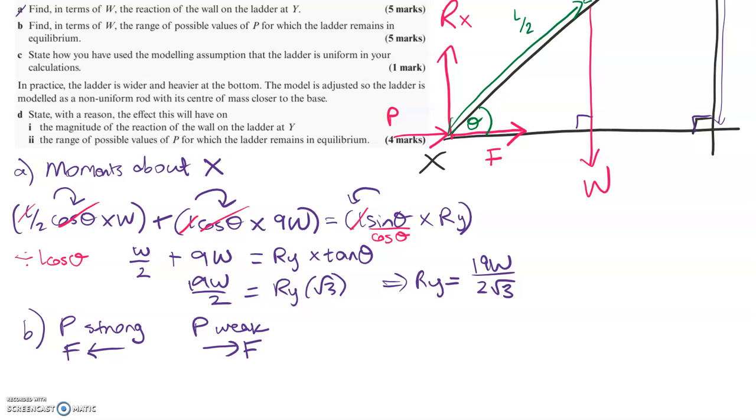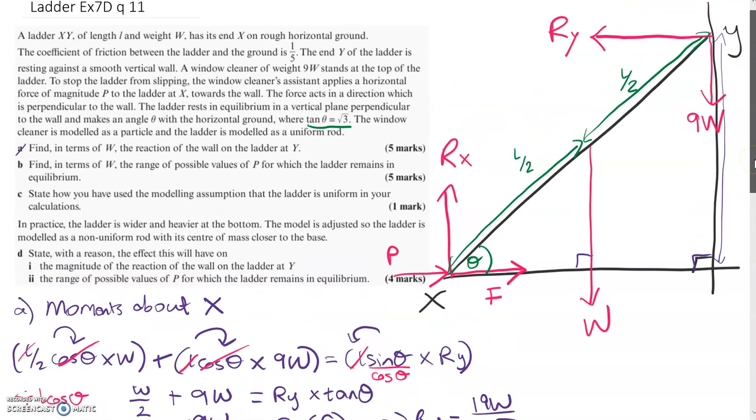Now, bearing in mind that in each of these cases it's not actually moving, it's on the verge of moving, or in limiting equilibrium, we can work out the range of possible values that P can be. First of all, let's work out F by doing mu Rx. What's Rx? Let's resolve vertically to get Rx, because Rx is pointing vertically.